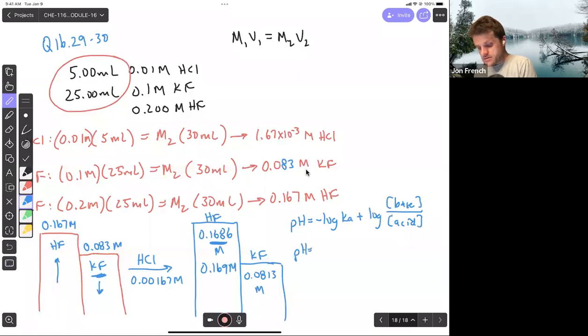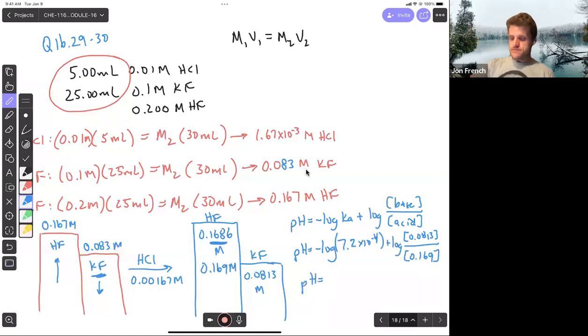So for the pH of this solution, the negative log of my Ka, I think it's 7.2 times 10 to the minus 4 for HF, plus the log of the concentration of my base, 0.0813, over the concentration of my acid, 0.169.